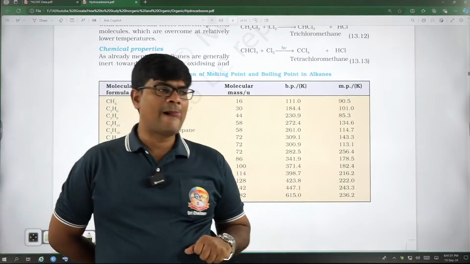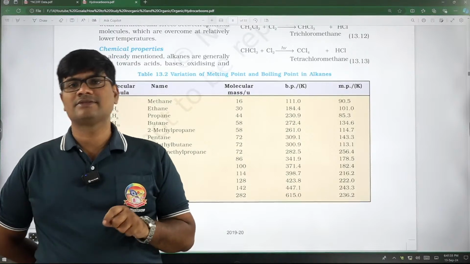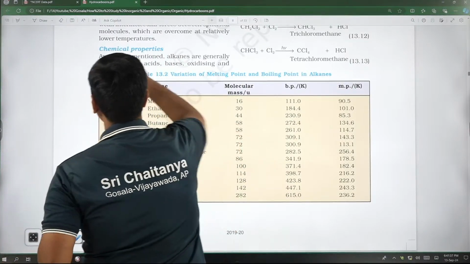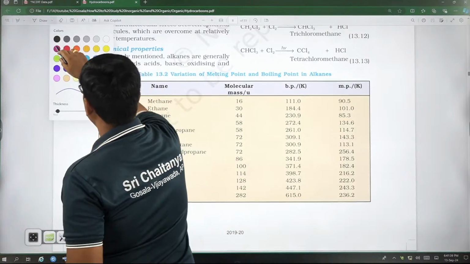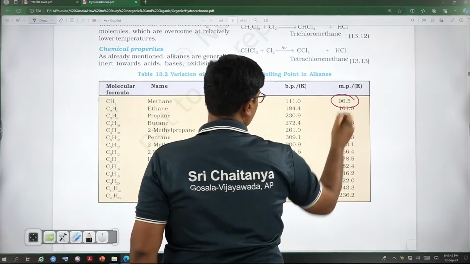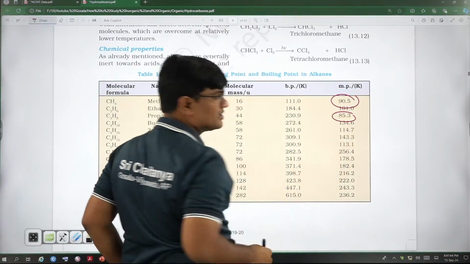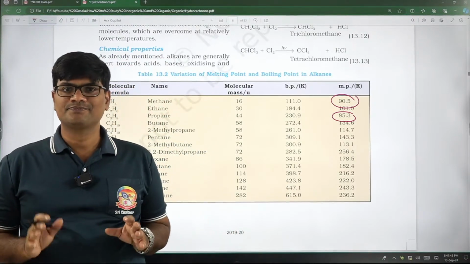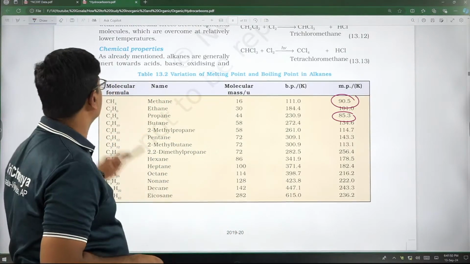Generally we guess methane has a lower melting point than propane. But if you see the data from NCERT, the melting point of methane is 90 and propane is 85 degrees. So for physical properties, we can depend on the NCERT data.